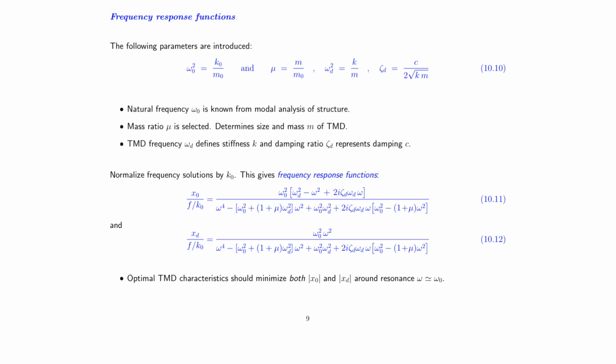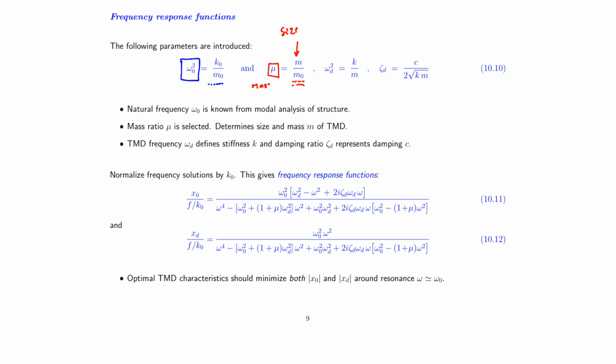So first of all, we can divide by m0, and thereby we get the natural frequency, omega 0. It's also the modal frequency for the mode we want to damp by the TMD. So this really defines the structural parameter. Then the magnitude of the TMD, the size of the TMD, is determined by its mass, and when we divide by the modal mass, then we get a mass ratio.